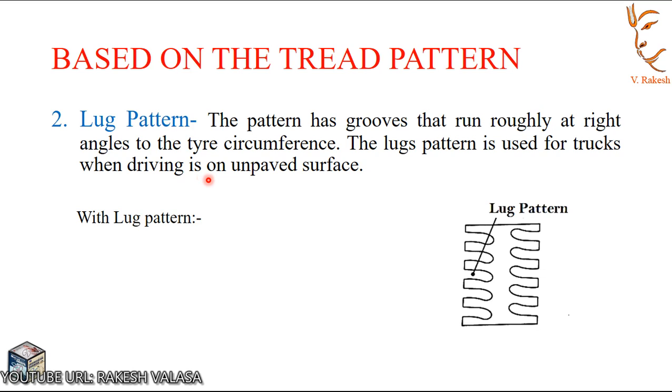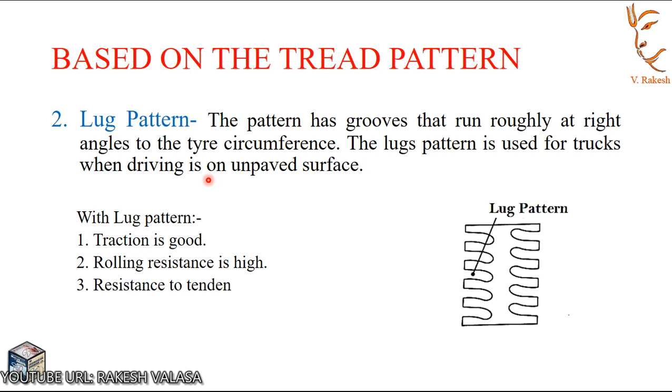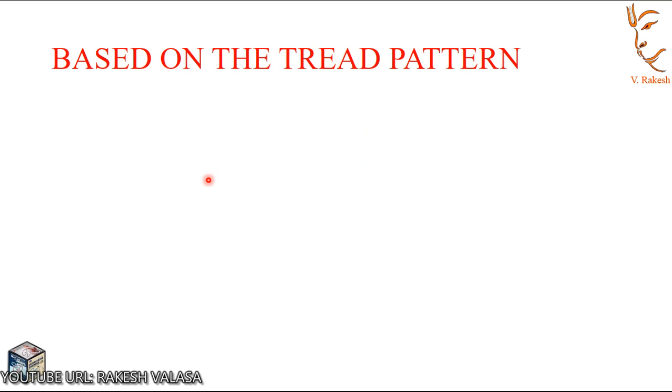Let us see the advantages of lug pattern. In this, traction is good, rolling resistance is high, resistance to tendency for side slip is less, uneven wear of tread in lugs area.